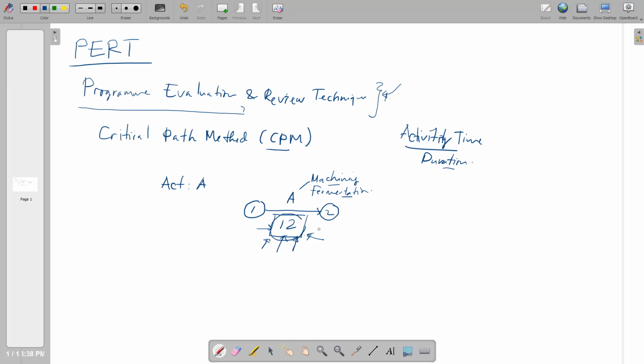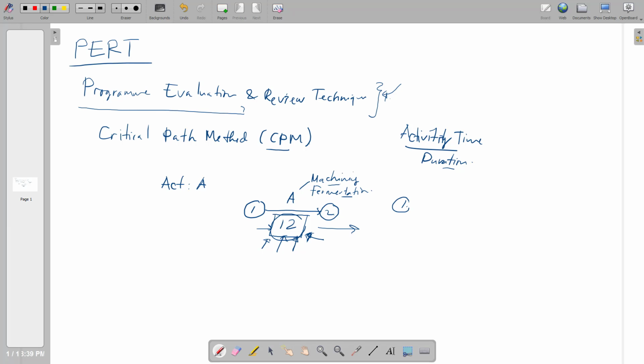Instead of having only one activity time like this, where activity A has an activity time of 12 time units, or let's just say 12 weeks, in PERT you will not immediately put it as 12. Instead, you split the approach to the activity time into three.